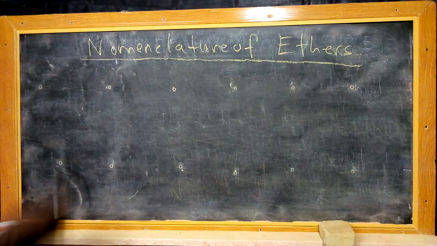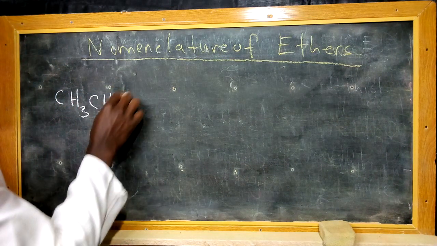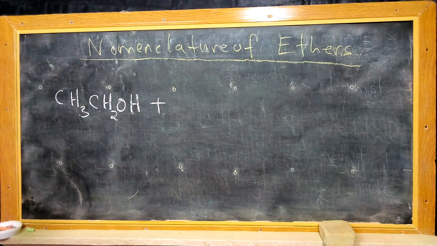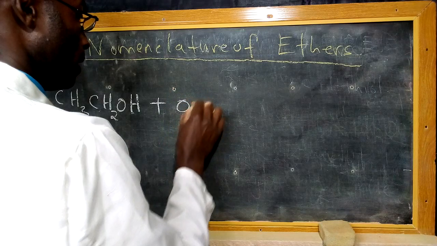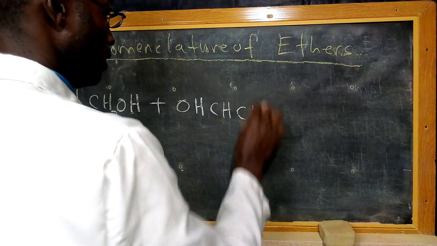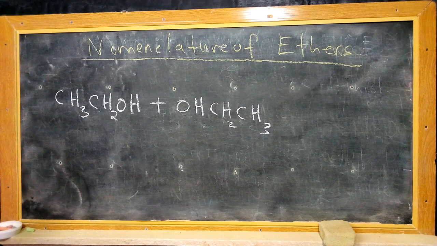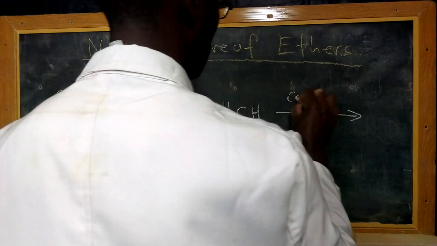We have our first alcohol, CH3OH, plus another one, the same, CH3OH, and then this is concentrated sulfuric acid.